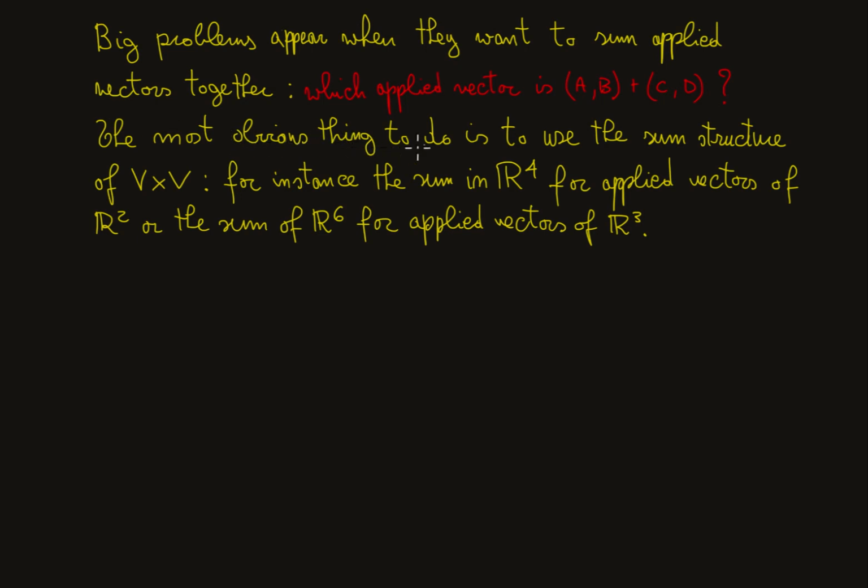The most obvious thing to do is to use the sum structure of the Cartesian product of V times V. Applied vectors are elements of this vector space, and this vector space inherits the vector space structure from its factors, so from V in this case. For instance, the sum in R4 for applied vectors of R², because if V is R², the Cartesian product of V times V is going to be isomorphic to R4, or the sum in R6 for applied vectors of R3.